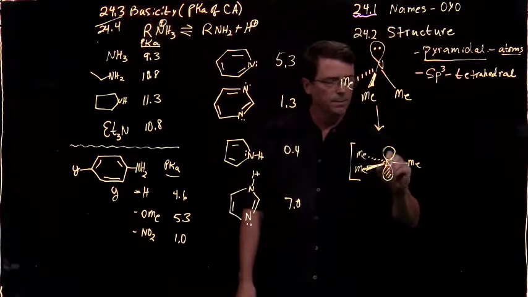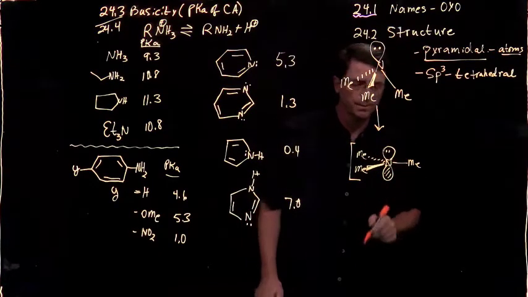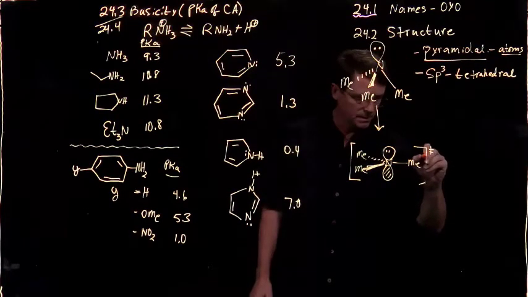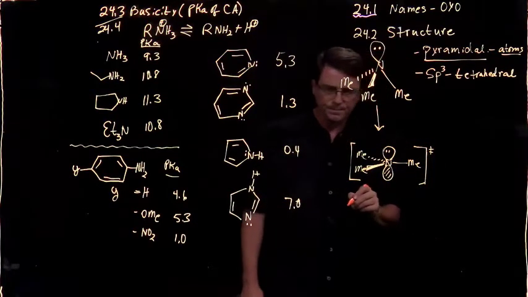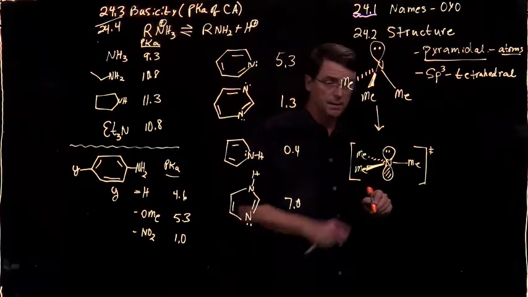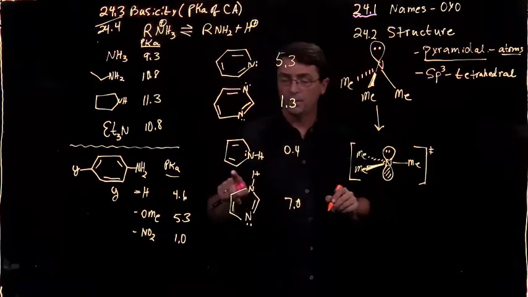That would have a p orbital there. Those two electrons would still be in it. This, of course, for the amines is the transition state for most of them. Except we know that some get caught in that transition state, like pyrrole.